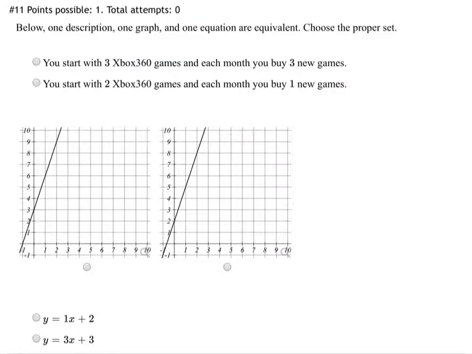All right. So, okay, so this one actually we can do real easily. So they're giving you a real life situation. They want you to connect words with graphs with equations. It's a good problem.